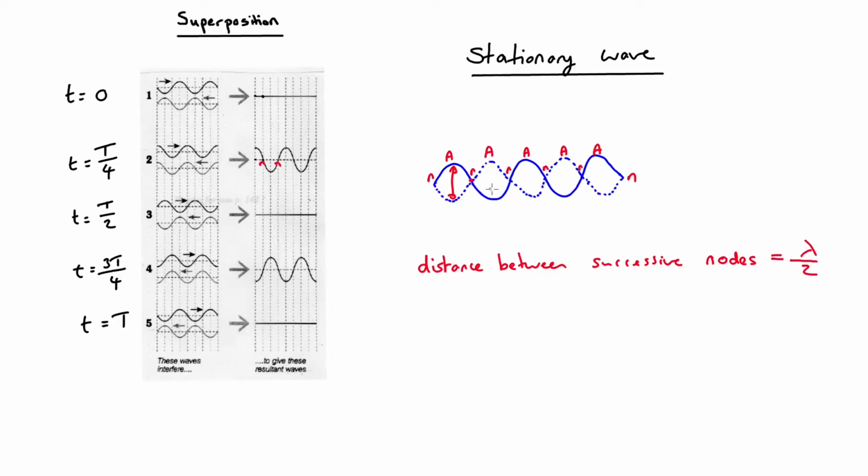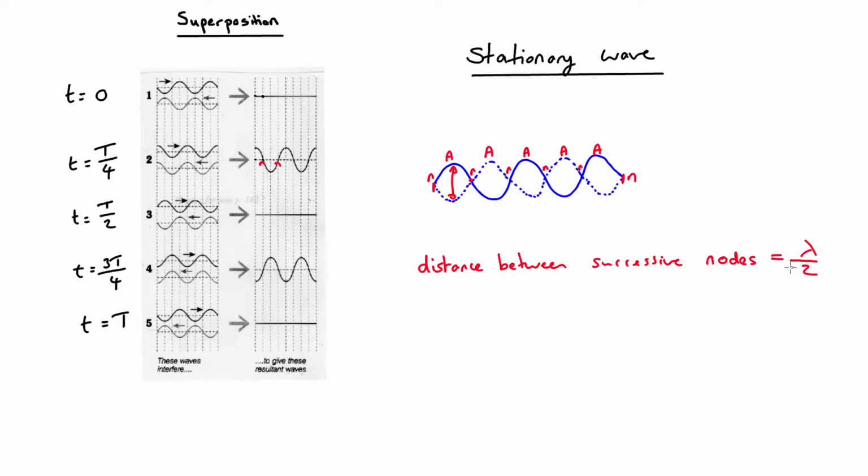So if I had produced this standing wave pattern, I could measure, for example, the distance between this node and this node. That's equivalent to 1, 2, 3, 4, 5 node to node distances. So if I measure the distance between there and there, and divide it by 5, that will give the average distance between successive nodes.